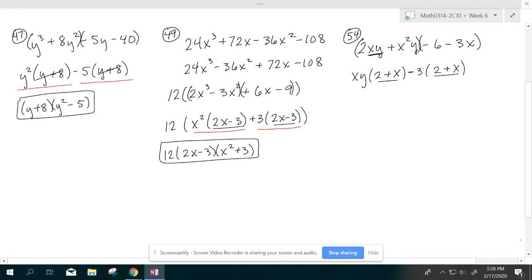Remember, it has to if you're doing factor by grouping. So the 2 plus x, we're going to copy down. We're going to cross it out. And what do I have left over? So my final answer, I could say x plus 2, xy minus 3.